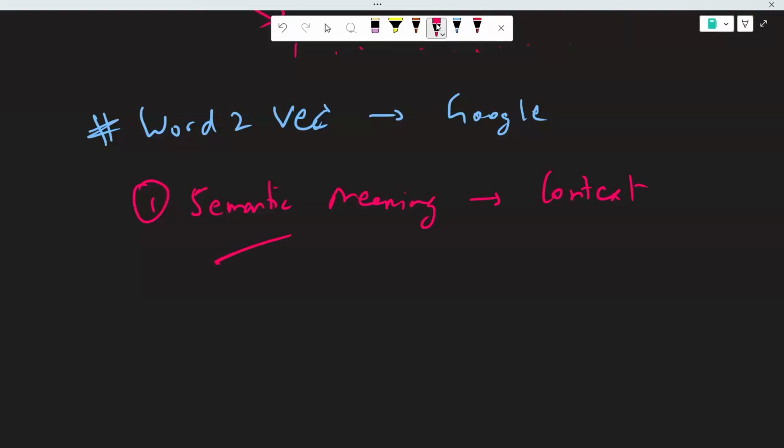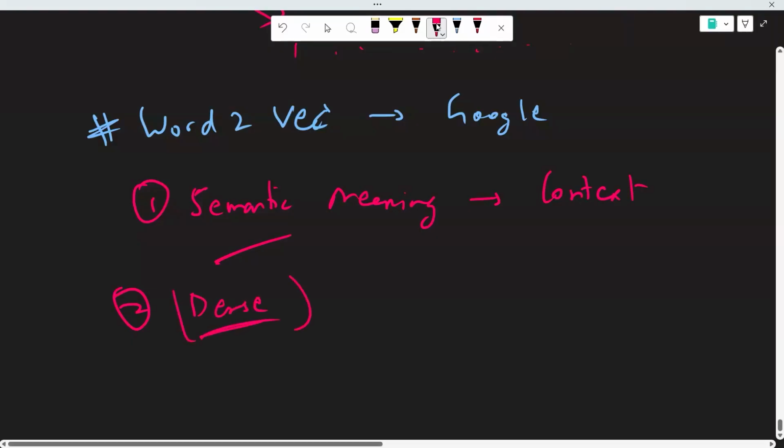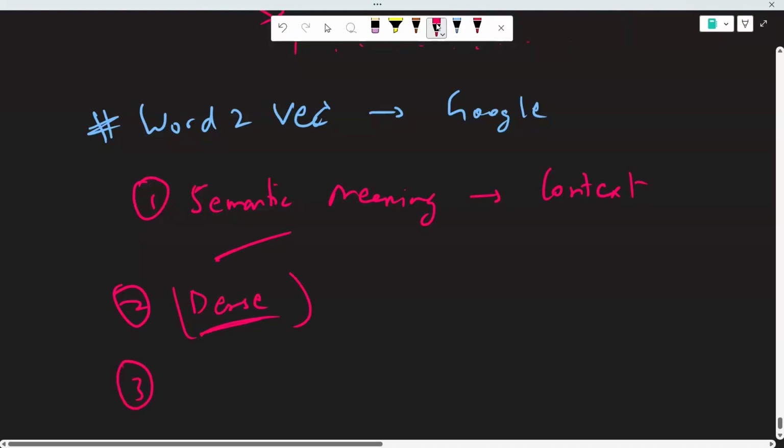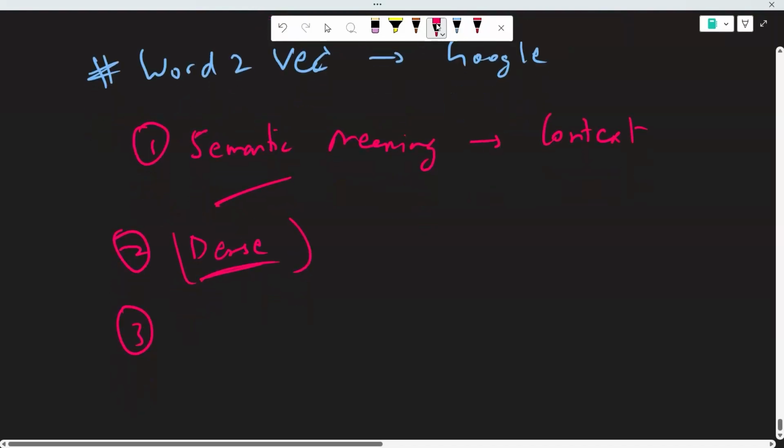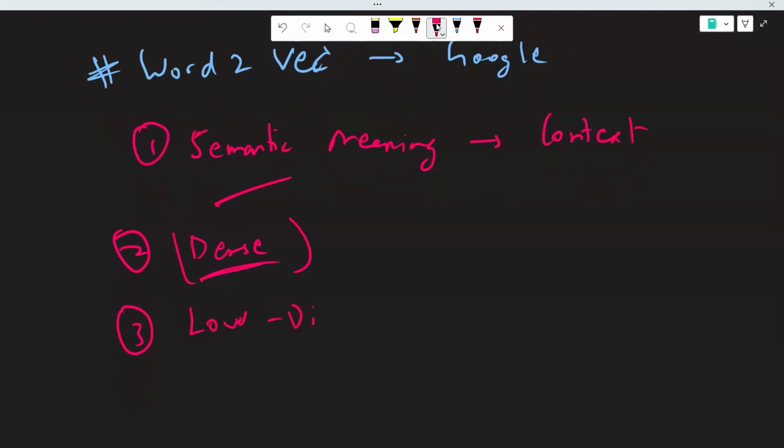Another advantage of using Word2Vec is with sparsity. The output of Word2Vec will be a dense matrix. You won't get a sparse matrix as we were getting in the count-based approach. It's also low dimension.